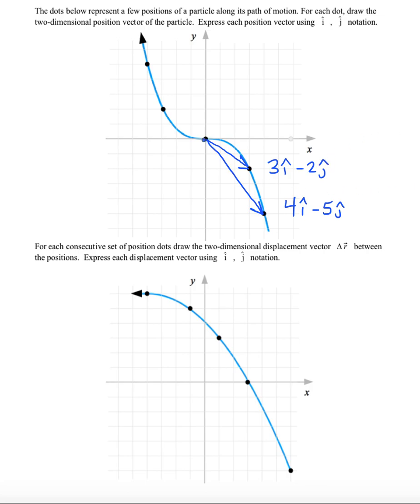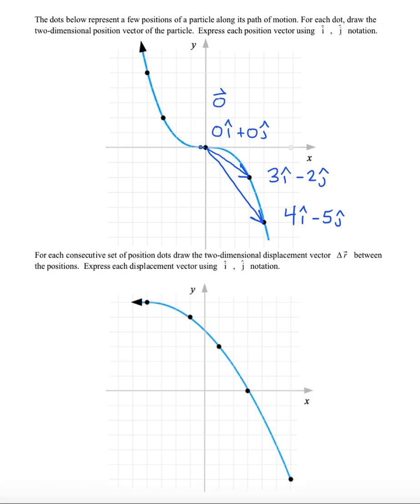Interestingly, when you're located at the origin, we don't have to draw a vector. Instead, what we'll say is that it is the zero vector, which is 0i plus 0j. Or another way to write that same thing is 0 with a vector over its head. Okay, and then we're located here.